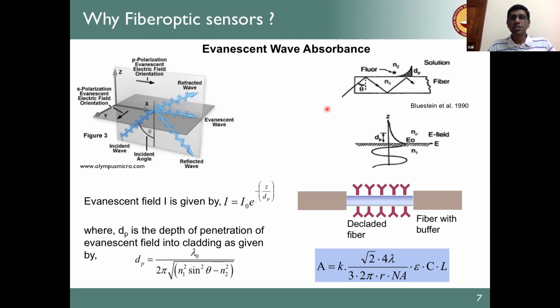Why is it so important? If you place a fluorophore or a chromophore at that interface, just on the outside, the fluorophore can get excited by the light passing through the fiber or waveguide, and then you can see fluorescence, right?